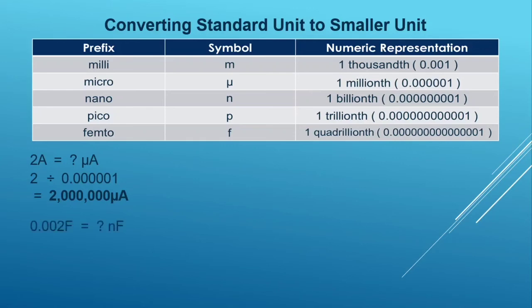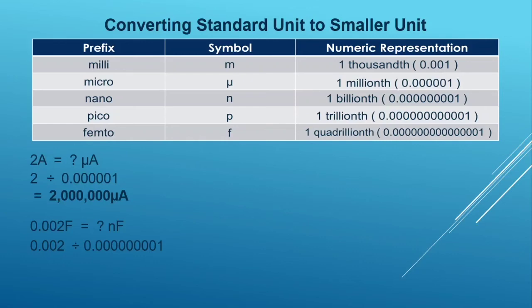Next example. Convert 0.002 farad to nanofarad. So let us write first the value, which is 0.002, and then divide it by the numeric representation of nano, which is 1 billionth or 0.000000001.